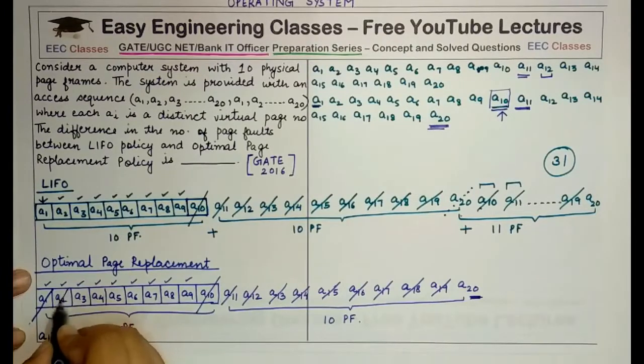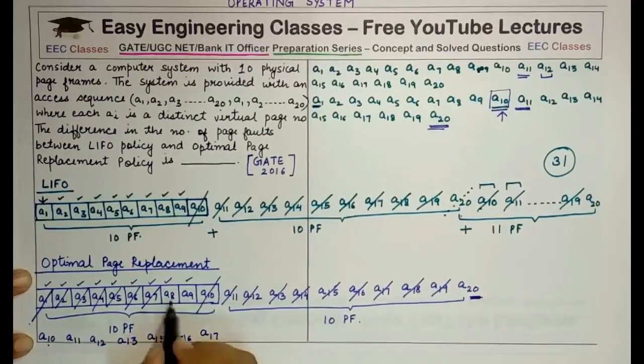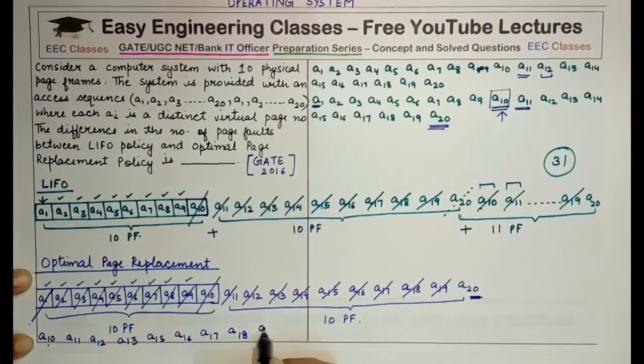So I replace A2 with A11, then I'll replace A3 with A12, A4 with A13, A5 with A15, A6 with A16, A7 with A17, A8 with A18, and A9 with A19, each of them resulting in one page fault.